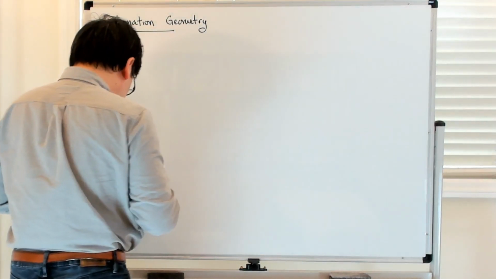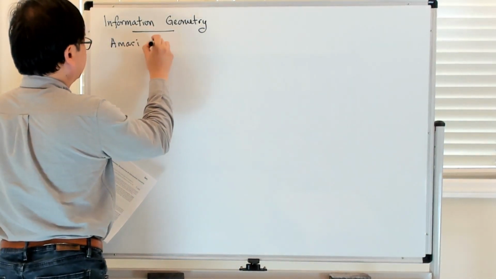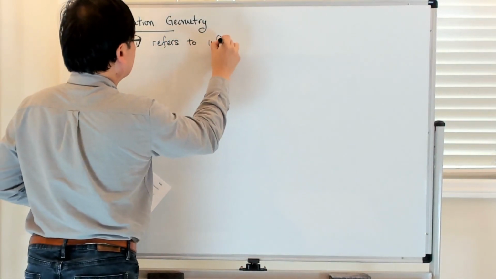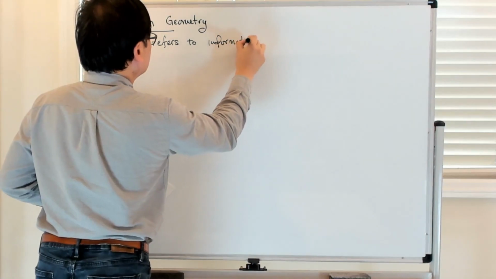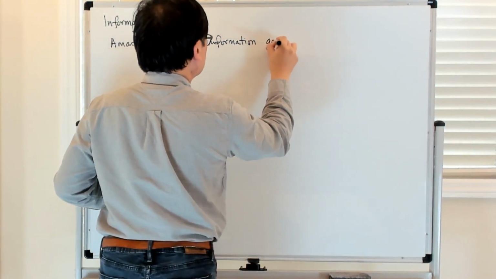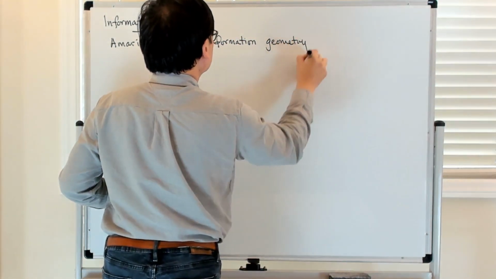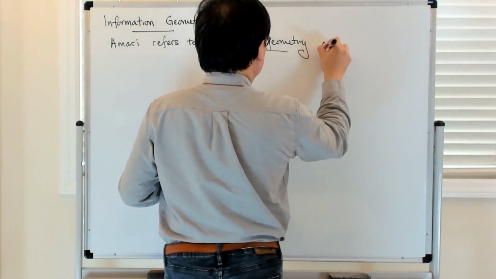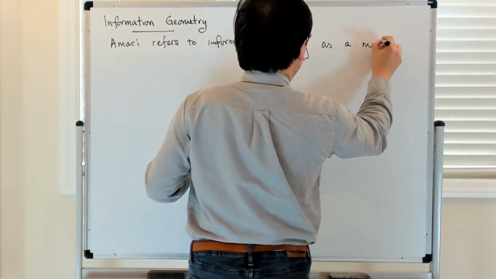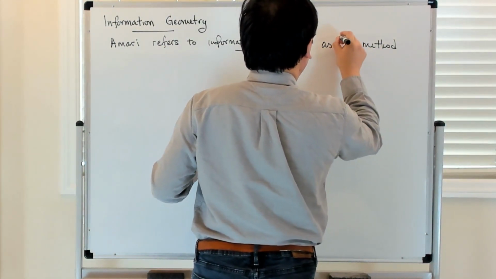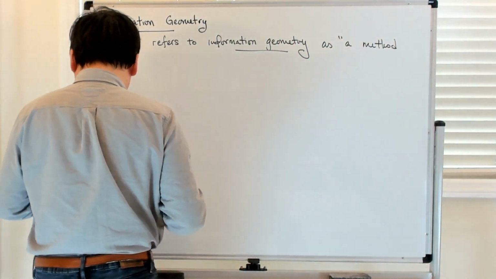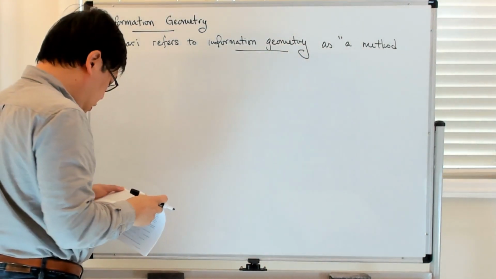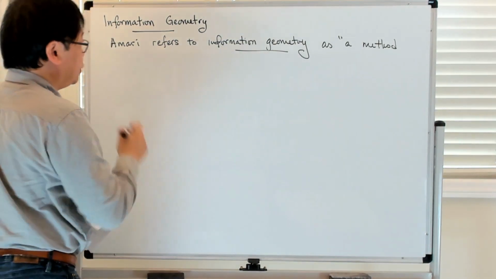Amari refers to information geometry as a method of exploring the world of information by means of modern geometry.